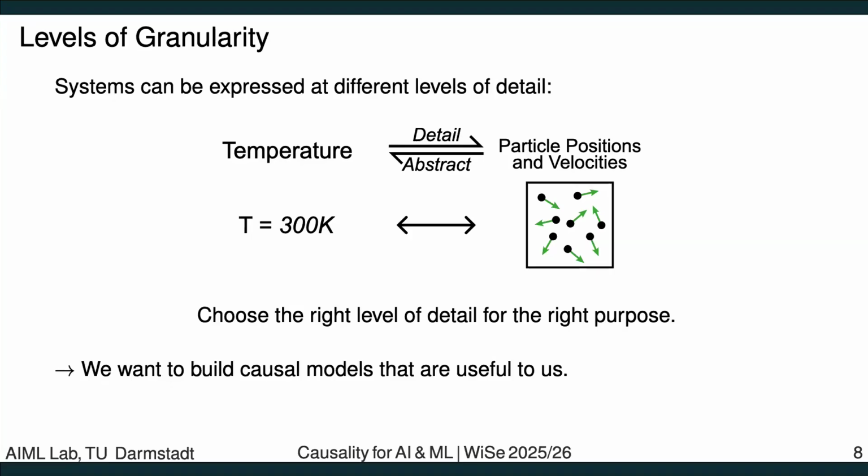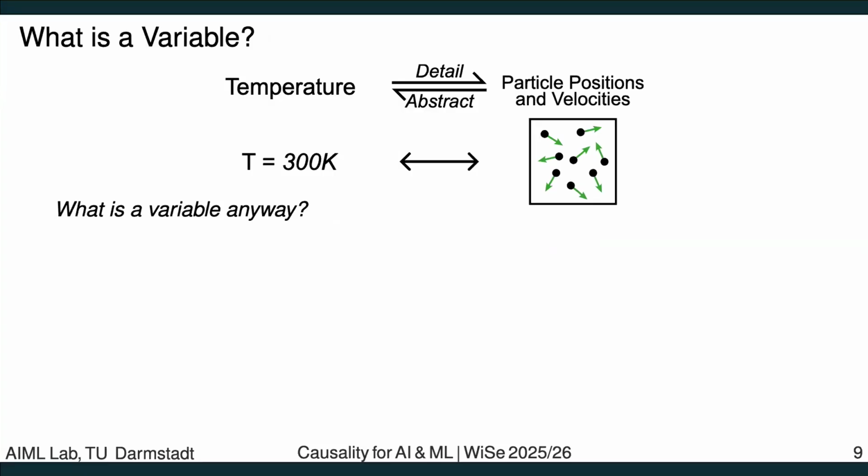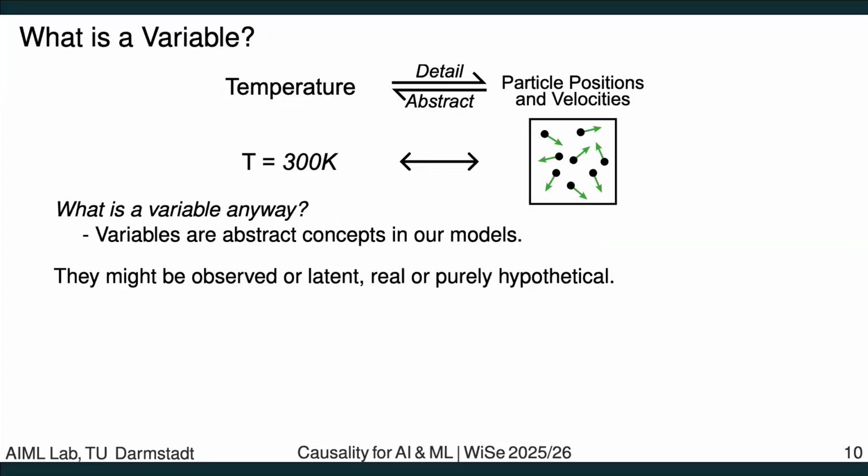So basically, even though we might have the data on this lower level, we need these models that are useful to us. And in that regard, there's the question, what is a variable anyway? So basically, variables are, depending on how you define it, there is a lot of debate also in philosophy and whatever, but let's just say they are concepts or values in our models.